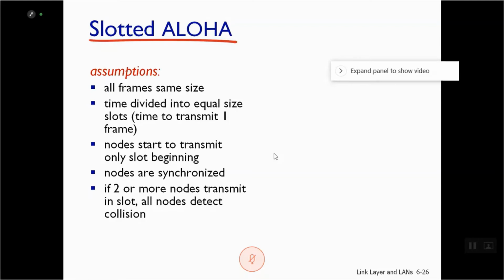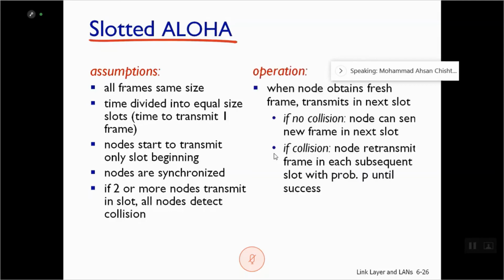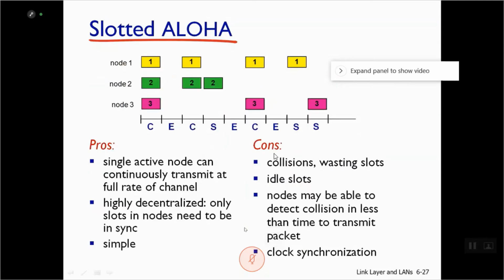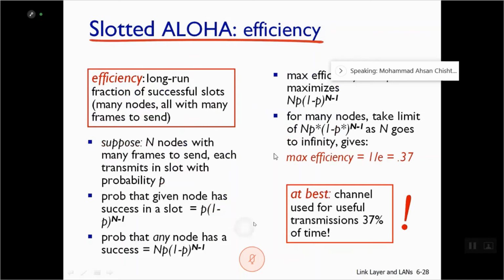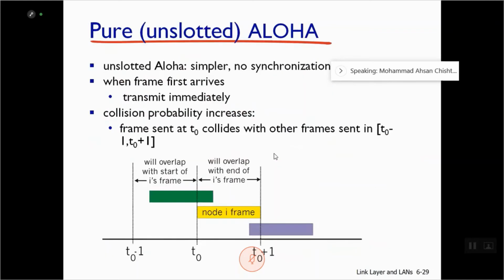Nodes start to transmit frames at the beginning of the slot. To understand slotted Aloha, first let me go to pure Aloha, because this is an earlier form. Pure Aloha is also known as unslotted Aloha.